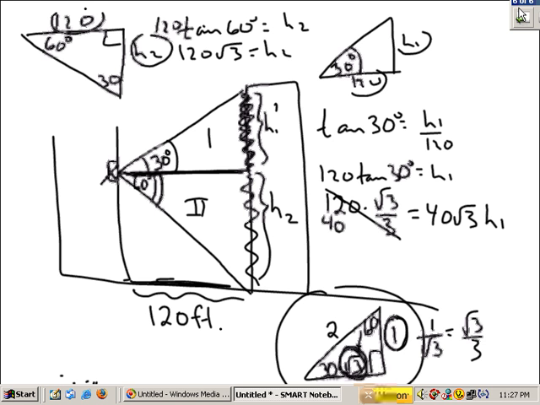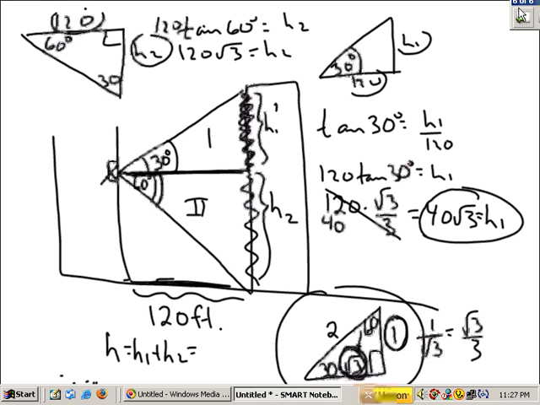So the final answer, which I'll put down here, is big H, the whole height of the building across the street, is H1 plus H2. And H1 was, okay, I should have equal here.